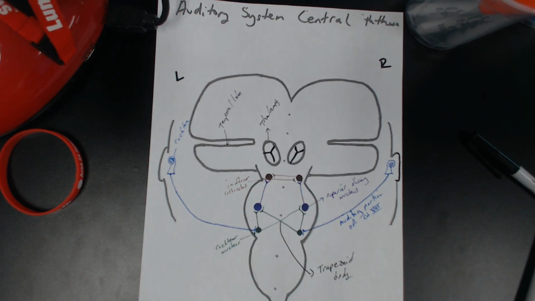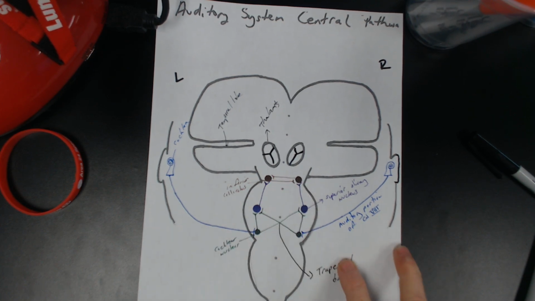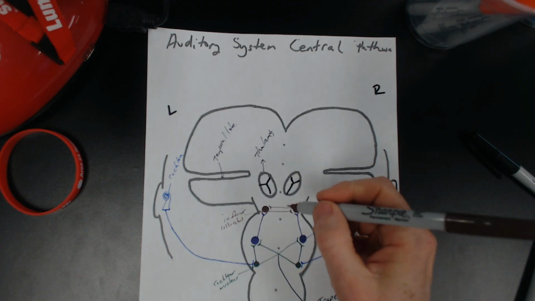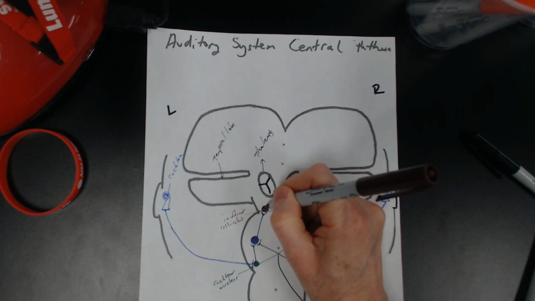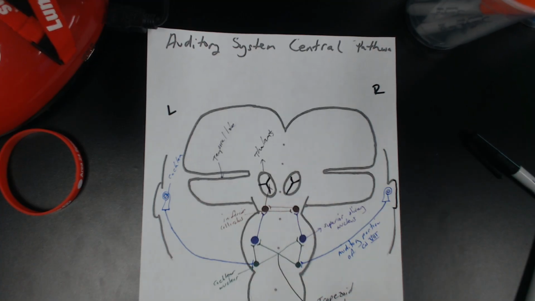So sound is traveling back and forth through both sides. As long as that cochlear nucleus and that auditory portion of cranial nerve number 8 is intact, it's going to make its way up the brainstem, and then coming out of the inferior colliculus, you have axons here that are going to synapse with a special nucleus in the thalamus.